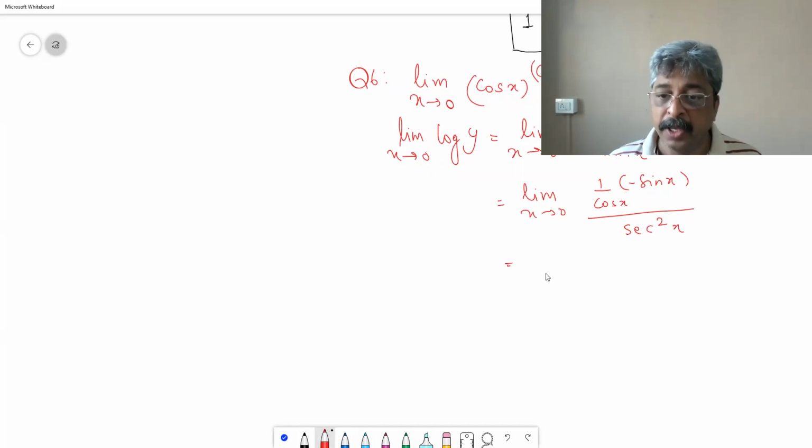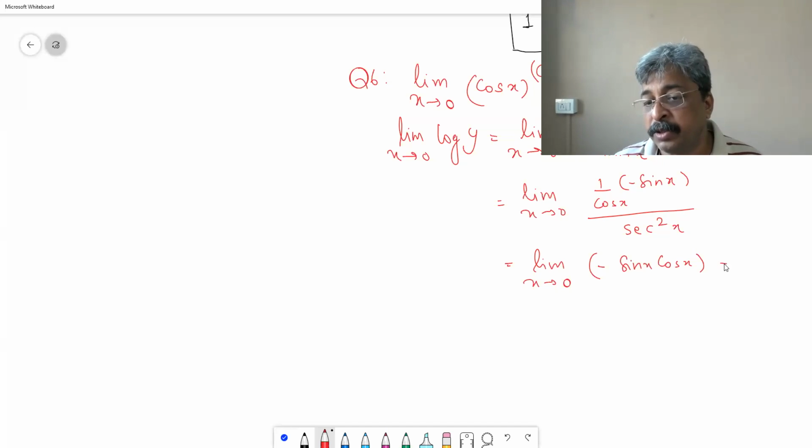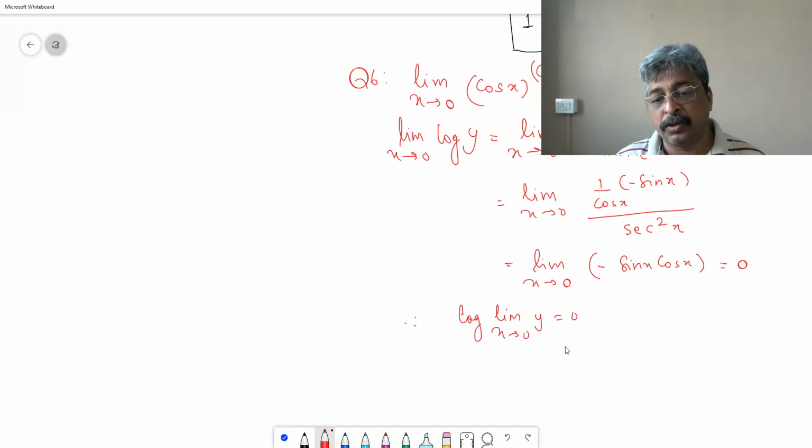If you simplify, you get limit x tends to 0 minus sin x cos x. If you substitute, you get equal to 0. Therefore, log of limit y is equal to 0. Therefore, limit as x tends to 0 is equal to e raised to 0 is equal to 1.